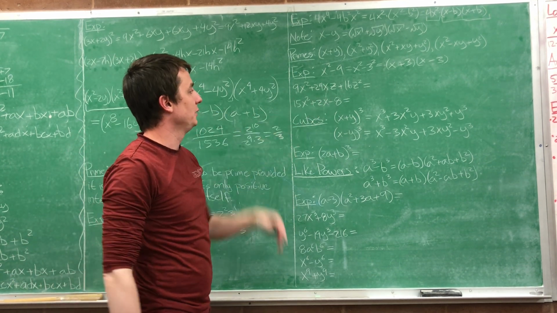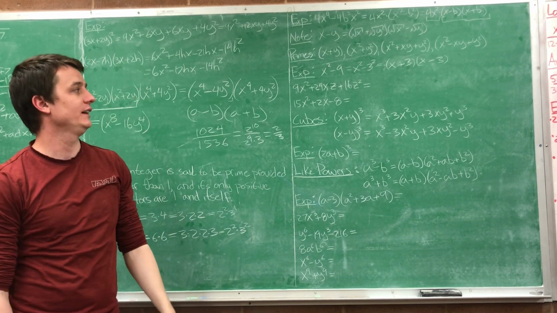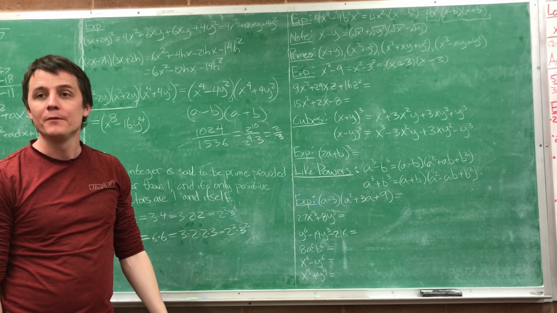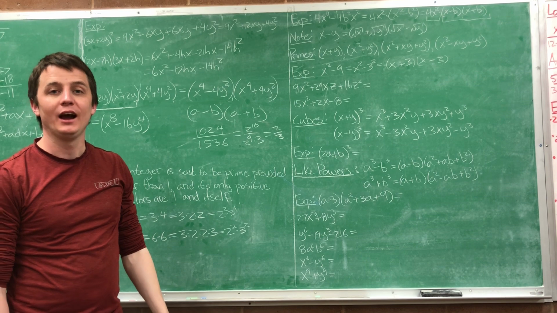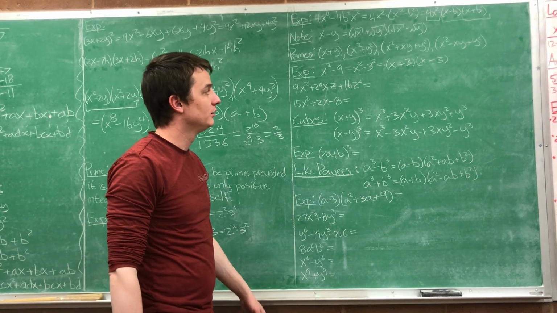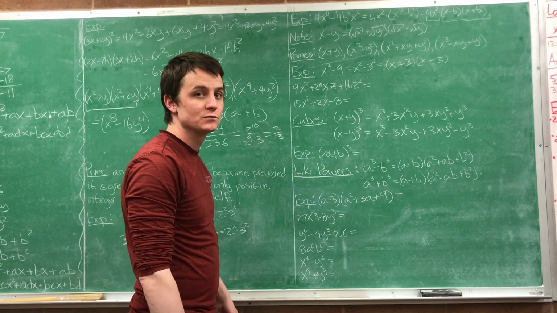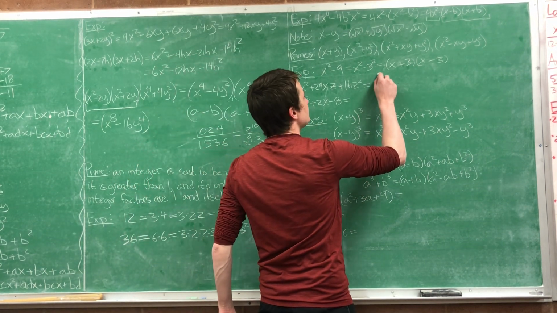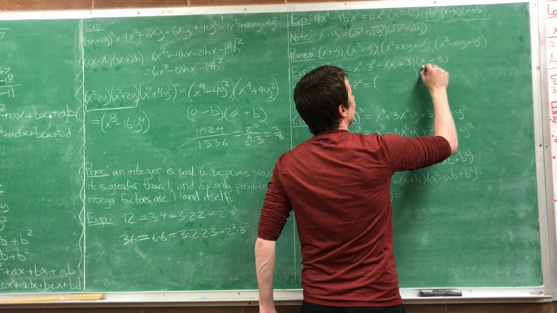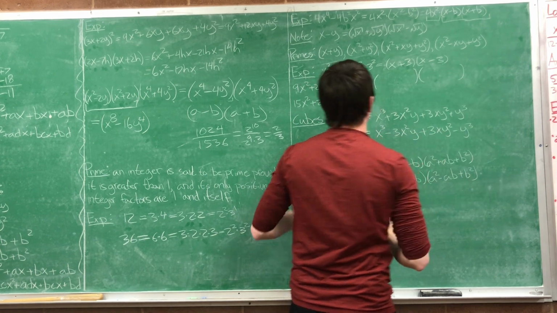Okay, let's factor this one. Oh, that's a beast. How on earth are we going to factor that, what do we think? Once again, we can go back to the method you were taught early on.